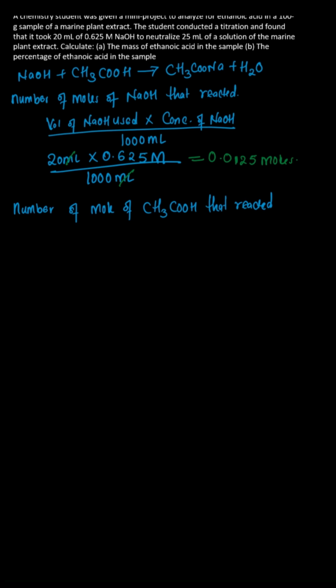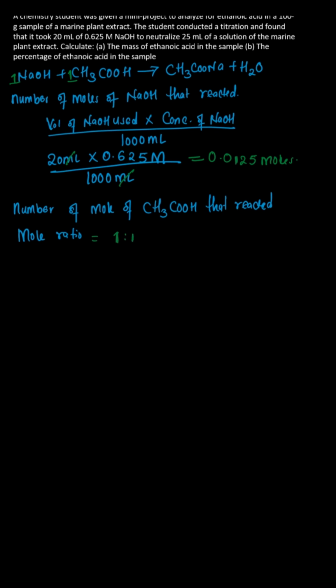So we used a volume of 25 ml, and therefore we are going to use the mole ratio. From the balanced equation, we can tell that the coefficient of sodium hydroxide is 1 and the coefficient of ethanoic acid is 1. So this means that the mole ratio is 1:1.